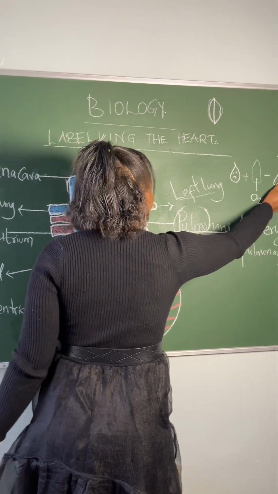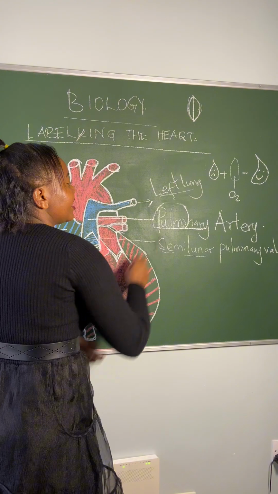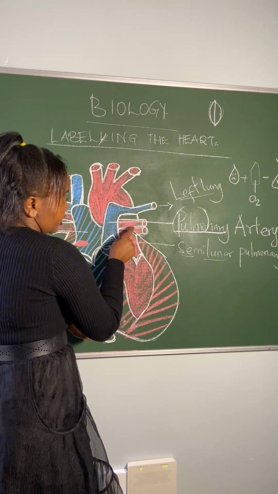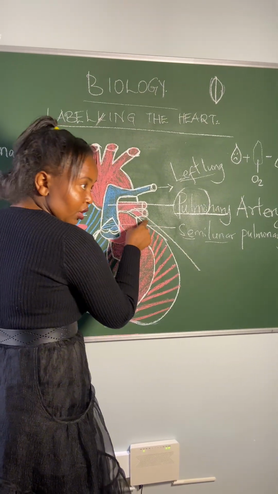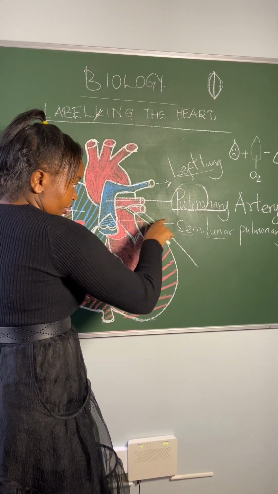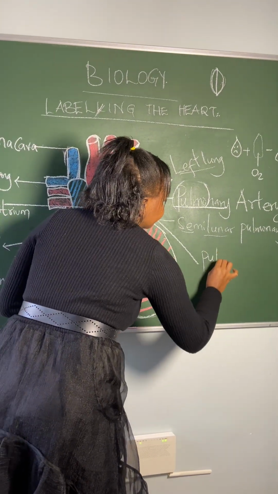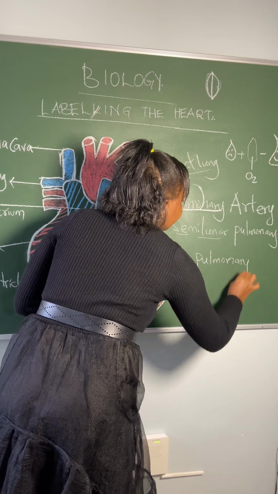Then oxygenated blood now must be taken back to the heart through pulmonary vein. Unaona hii ya green? Yeah, not green. This red, this is the pulmonary. Biology usikuwa una cross hivi. Sawa, zote zikuwe straight line. So hii inaitwa pulmonary vein.